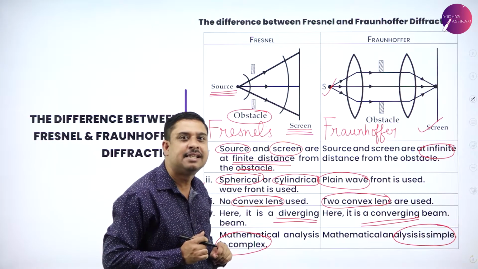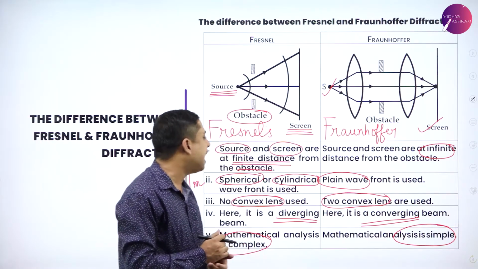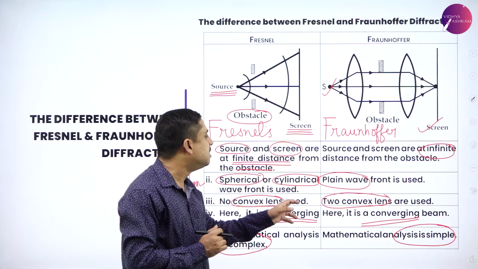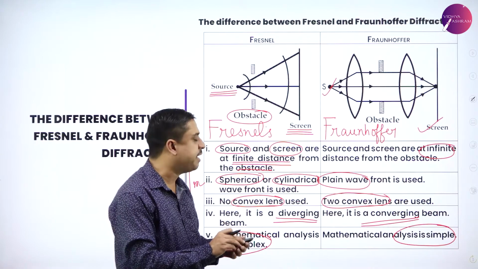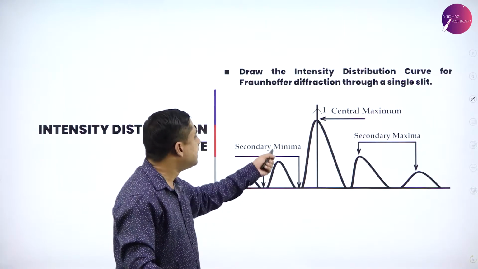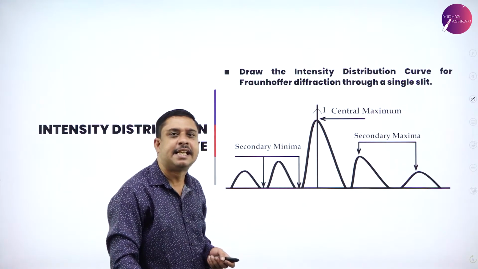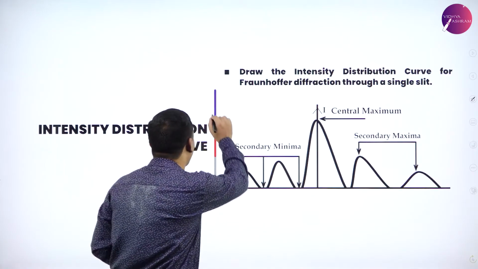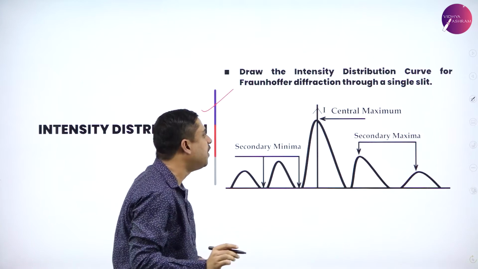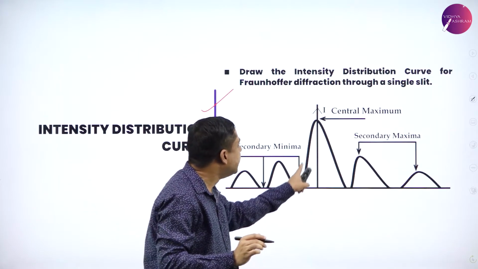Mathematical analysis is simple in Fraunhofer diffraction, but difficult in the case of Fresnel. This is the intensity distribution curve in Fraunhofer diffraction.